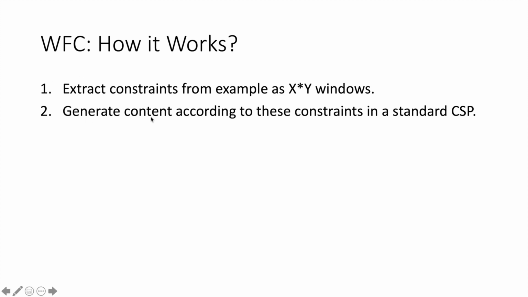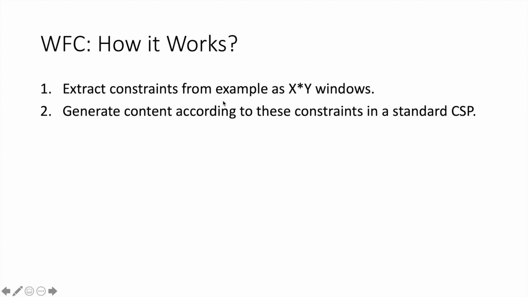Then, second, we're going to generate content according to these constraints in a standard constraint satisfaction problem. Oh, hey, we talked about constraint satisfaction problems a couple weeks back. Last week? Who knows? Time is strange now. But regardless, we know how to do that. The major cool thing about wave function collapse is that instead of having to hand author all these constraints, we're just going to learn them.